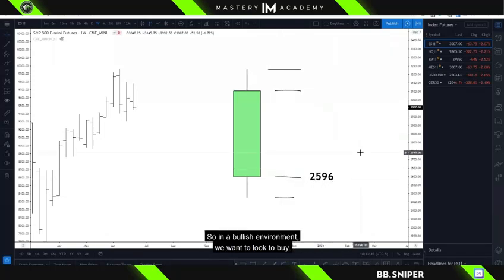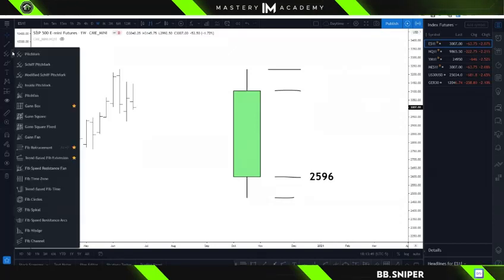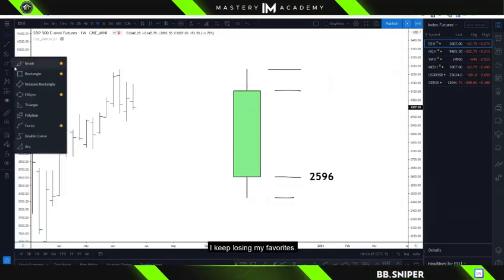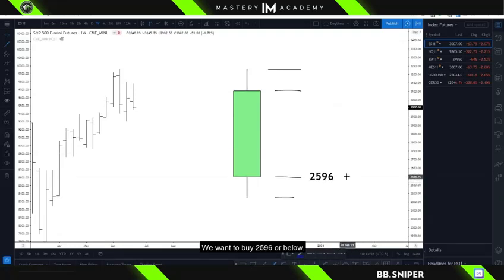So in a bullish environment, we want to look to buy. I keep losing my favorites. We want to buy $25.96 or below. Okay, that's where we want to be looking to buy, below the daily open.